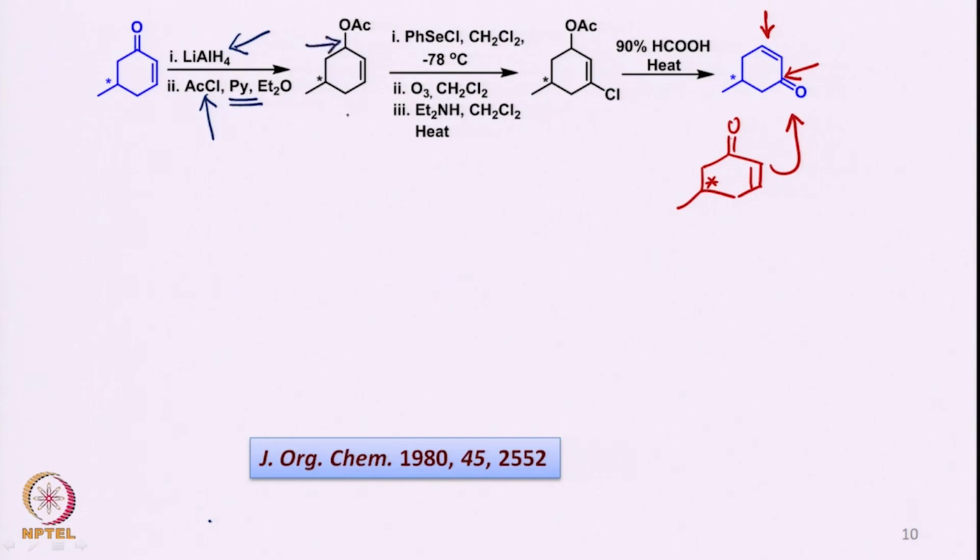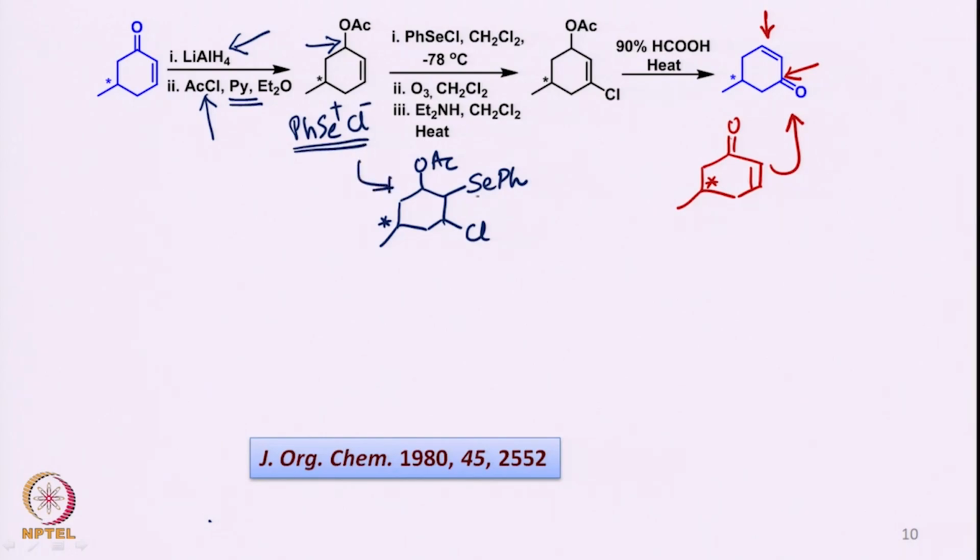When this allyl acetate is reacted with phenyl SeCl, what one forms is an intermediate of this type, with chlorine here and SePh. So essentially the double bond has interacted with PhSe plus and Cl minus to form this intermediate, where selenium comes in on this position and Cl comes on this position.